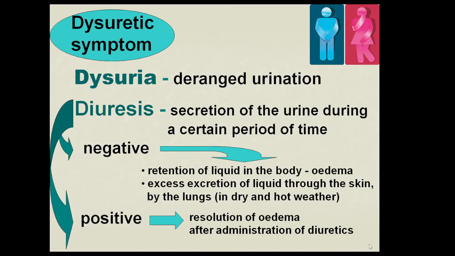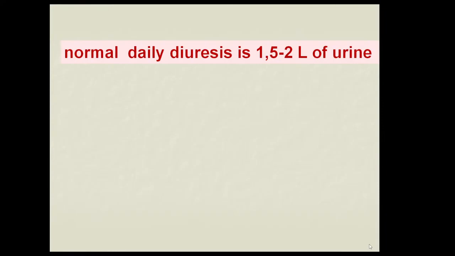We are talking about positive diuresis, which indicates the effect of our treatment. Normally, daily diuresis varies from 1.5 to 2 liters of urine, because usually we take in nearly 2 liters of water.